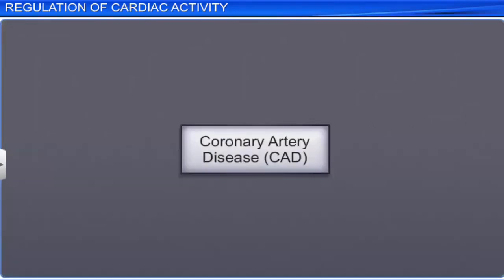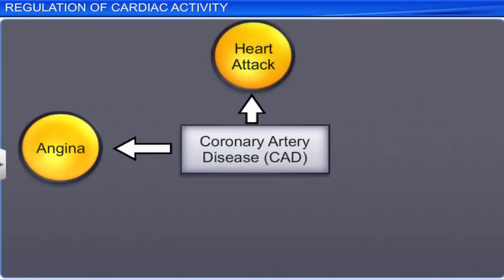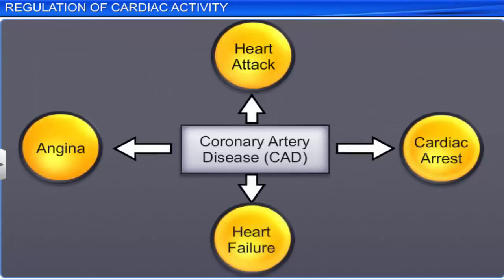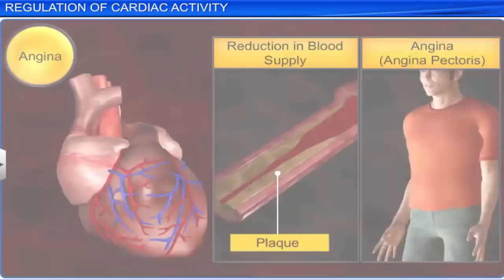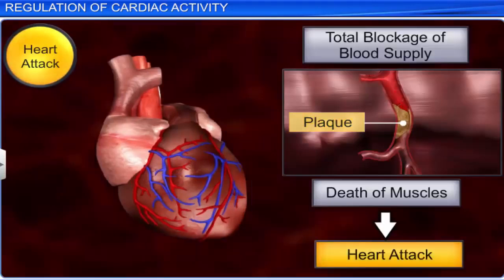Some of the symptoms of CAD include angina, heart attack, cardiac arrest, or heart failure. Angina or angina pectoris is severe chest pain due to a reduction in the supply of blood to an area of a heart muscle. Whereas a heart attack results when there is a total blockage of blood supply to the heart muscles, causing the patient's death.